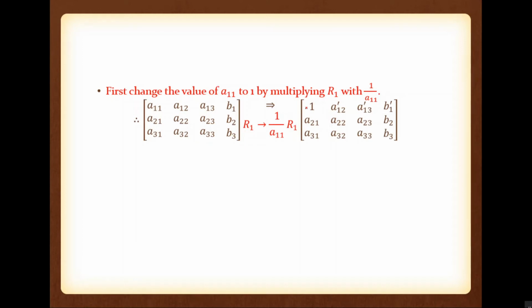A11 is changed to 1 and the remaining elements of the first row are modified. So please note the first step of first elimination. This is the first step of first elimination where the row operation is R1 equal to 1 by A11 into R1, and this one is the modified augmented matrix. So note these two, the row operation and the modified augmented matrix. So now the first step of first elimination is over.